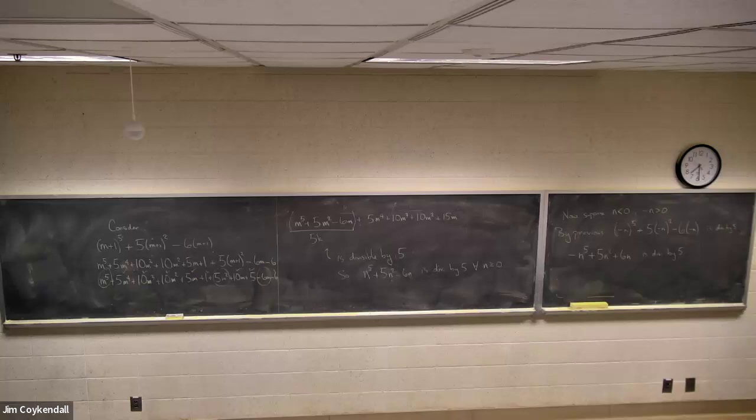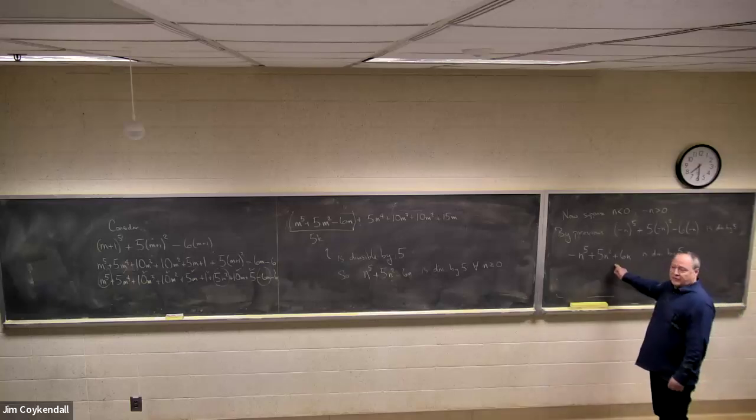Yes. For this particular one, wouldn't it be faster just to show that, for n mod 5 equals 0, 1, 2, 3, and 4, it's true for all those cases, and then it's done? That's right, but we haven't done that yet. Everybody agree this is divisible by 5?